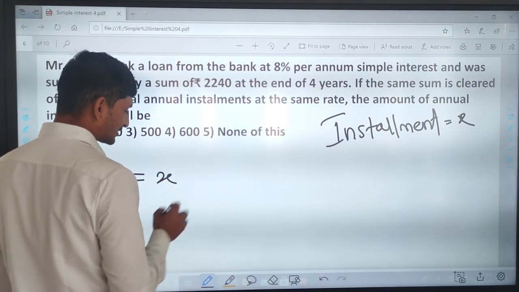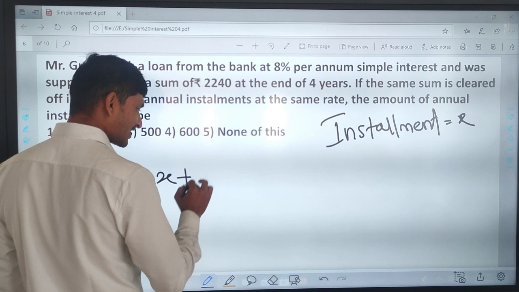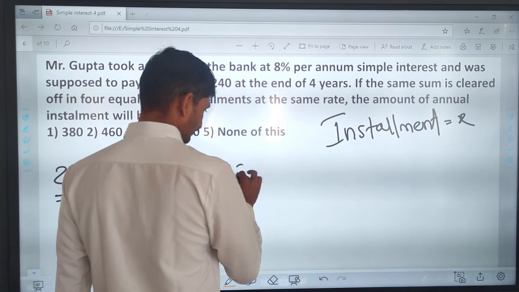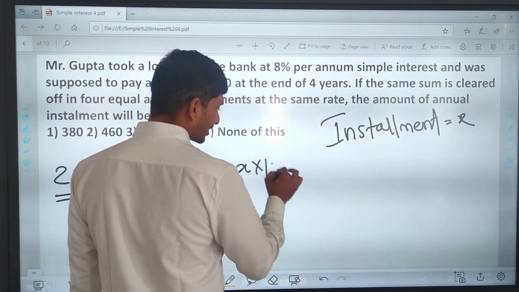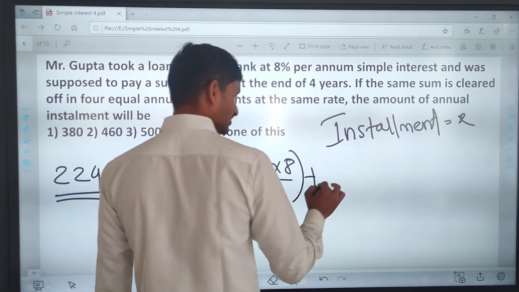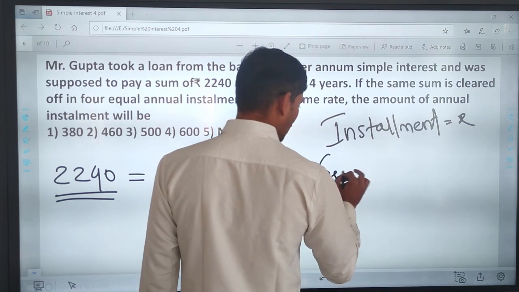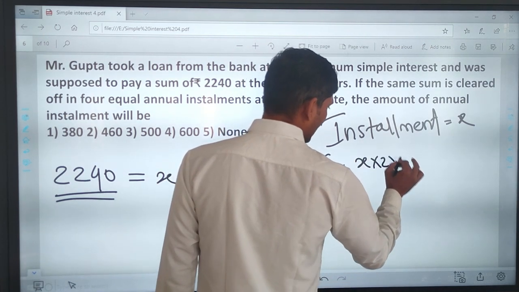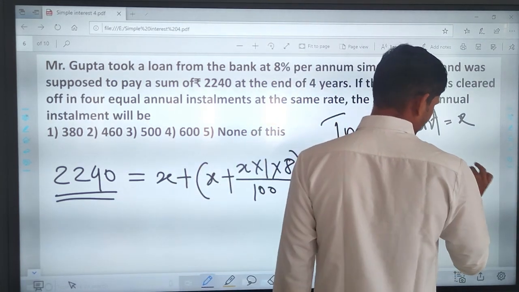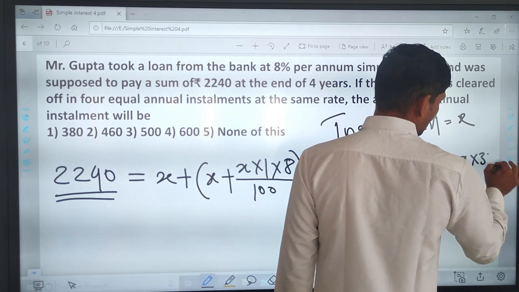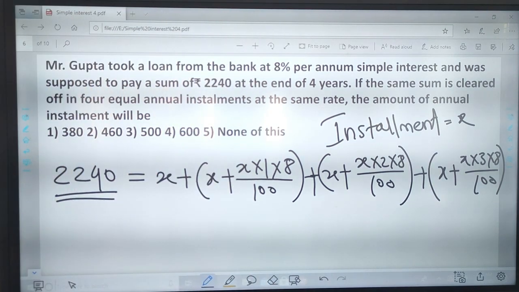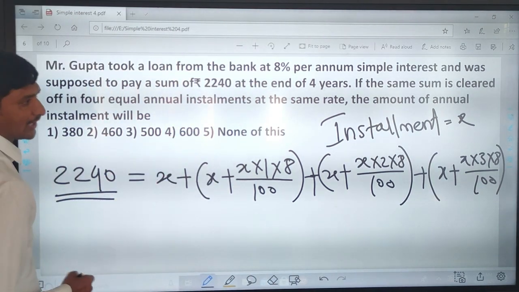Your first installment is X plus, in a bracket, X for 1 year at 8% divided by 100, plus X for 2 years at 8%, and for 3 years X into 3 into 8 divided by 100. Now we solve this equation, we get the value of installment.